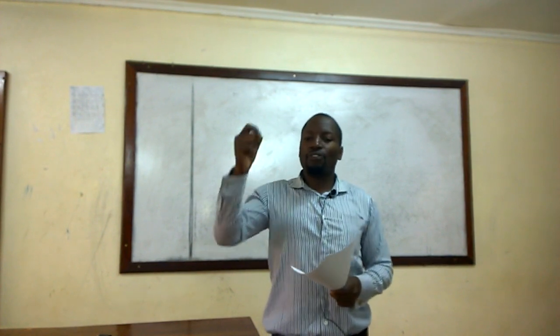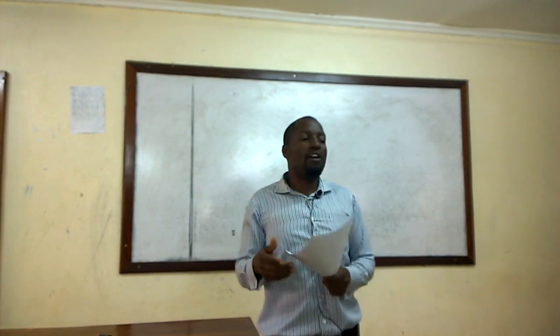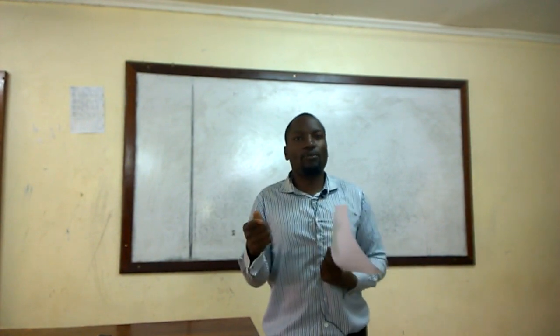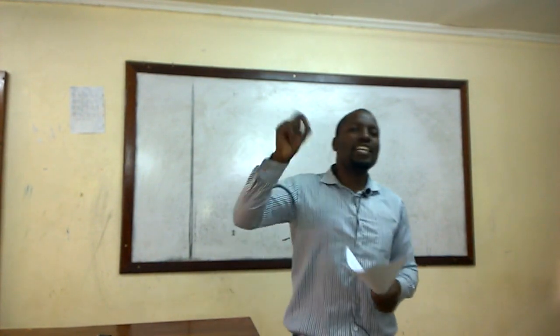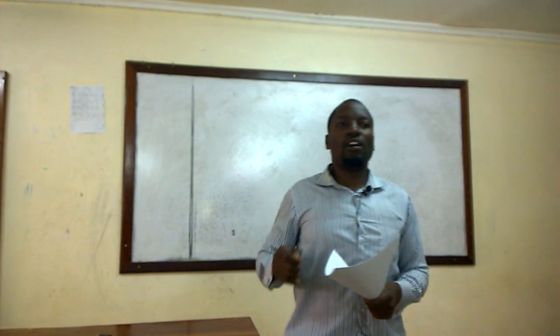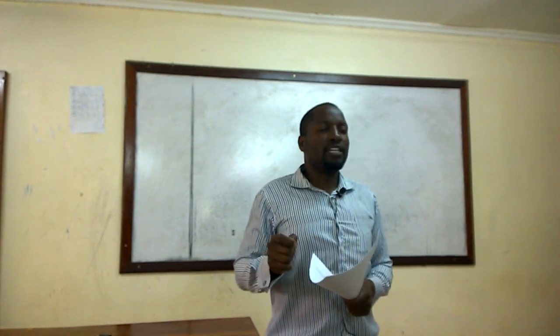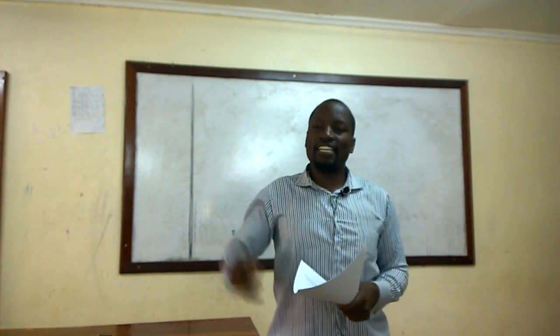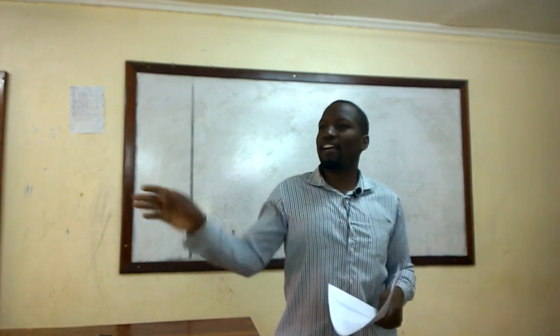But now from today, this should be like your guidelines, so that you know this is what I'm supposed to do and this one is not what I'm supposed to do. Sawa sawa? Because at the end of the day, once you sit for that paper, the marking shall be standardized. Marking equal the same countrywide.